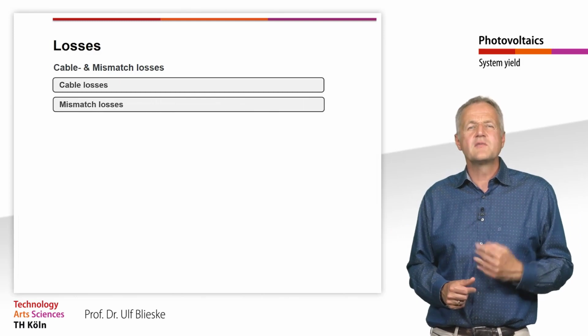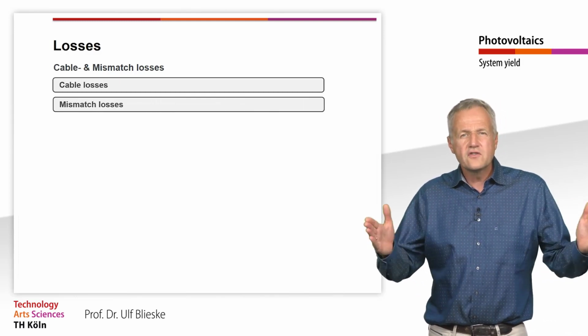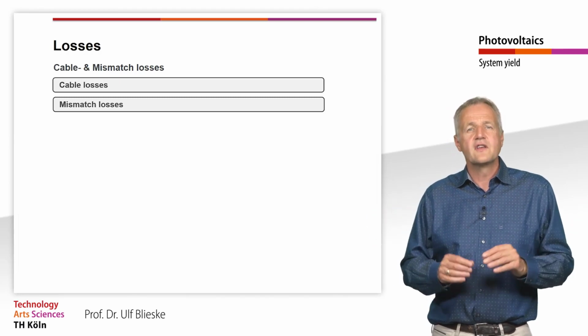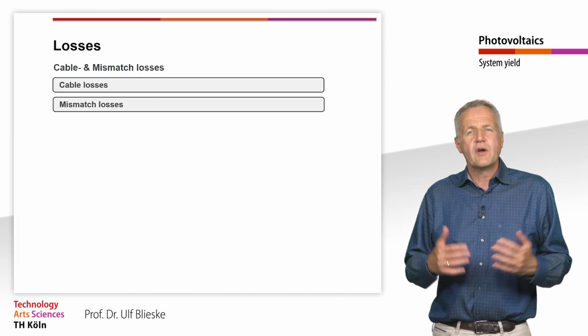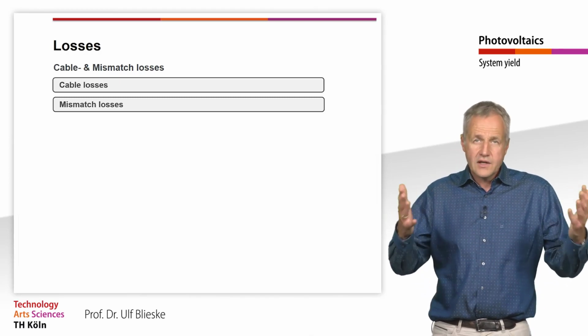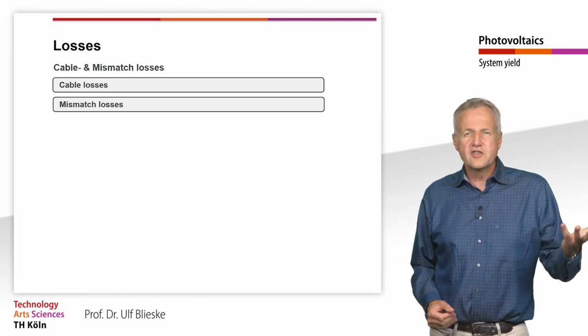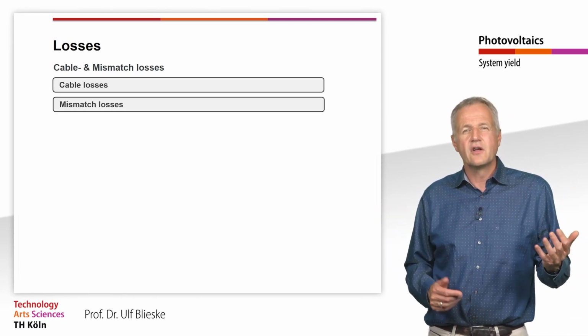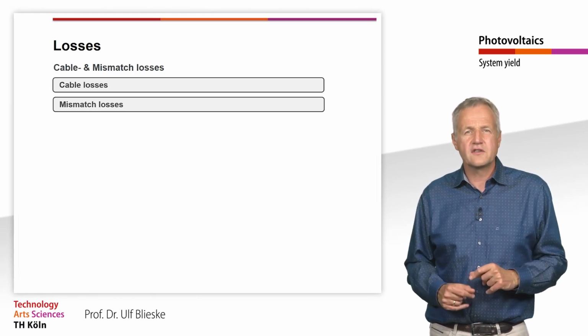In addition, mismatch losses occur in the interconnection of the modules due to production-related differences in the electrical properties between the modules. We have already looked at these mismatch losses in more detail when connecting solar cells to form a solar module. The principles are exactly the same here. On average, the mismatch losses amount to about 2%.